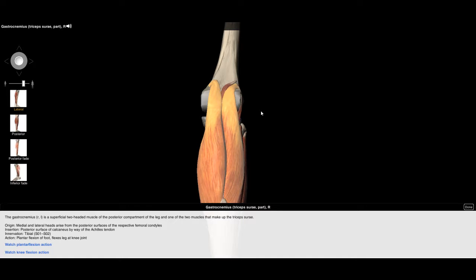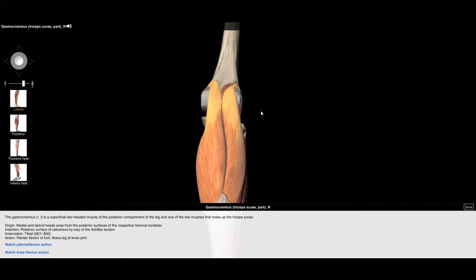So while our textbooks don't really describe rotation as a function of the gastroc, as we start to learn when we look at things on Earth as opposed to out in space, we have ground reaction forces going through the foot as our foot hits the ground, and we stimulate a rotary component all the way up the entire lower chain, and we'll look at that in a couple of weeks.